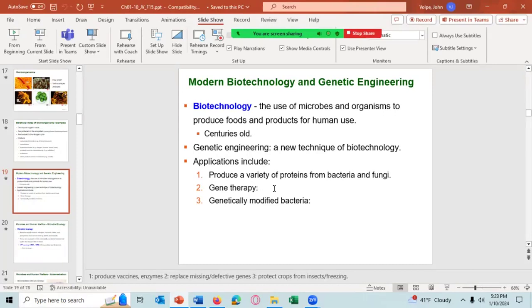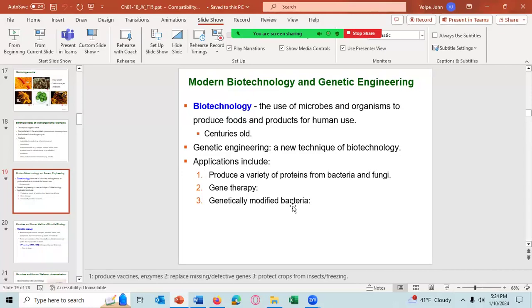Gene therapy, where we can repair a child's defective genes by putting the correct genes into the child. And then genetically modified bacteria, where you put genes into a bacteria and then use that bacteria to make a product that you would want.